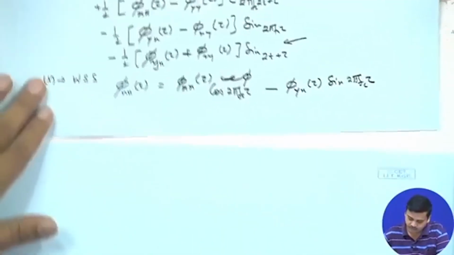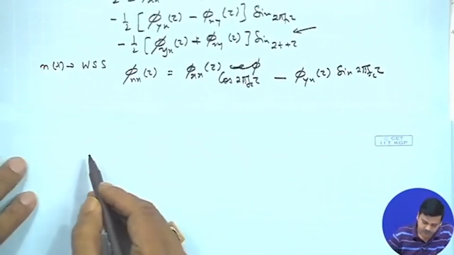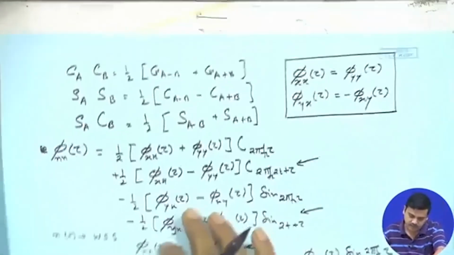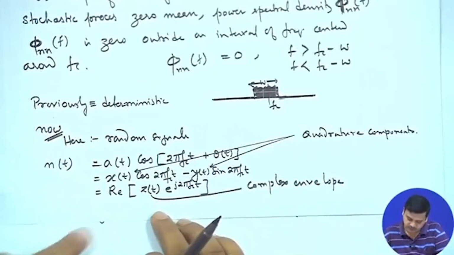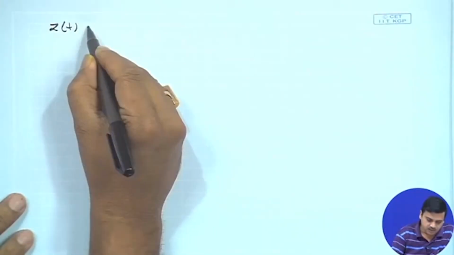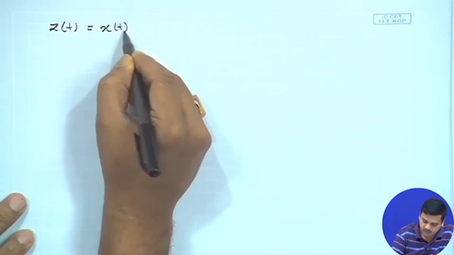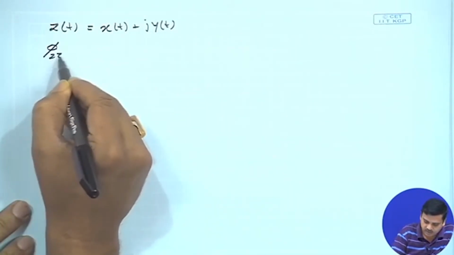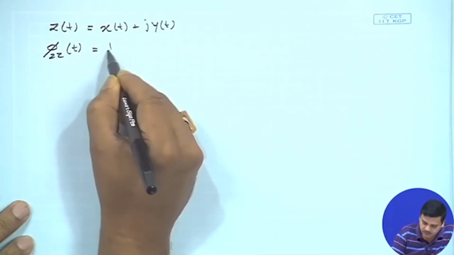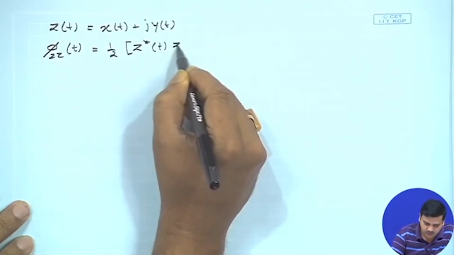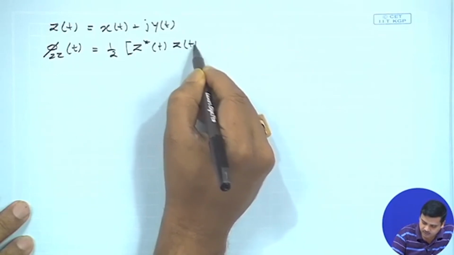Then we proceed further. Remember our z of t, the complex envelope of n(t). We could write z(t) as x(t) plus j y(t), and hence phi zz of tau is equal to half times the expectation of z conjugate of t times z of t plus tau.